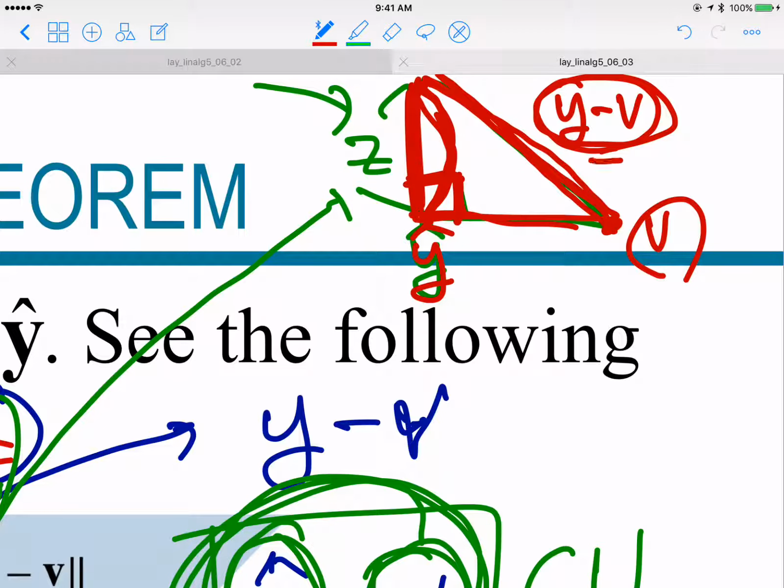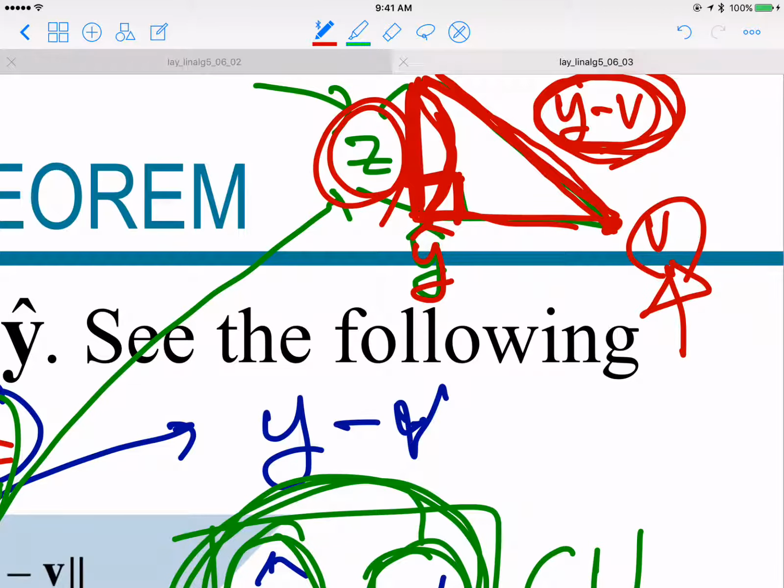In this case, the length of this vector should be larger than this, which means the error when using a differently chosen vector V will always be larger than the error vector, or residual vector Z, when using the orthogonal projection.